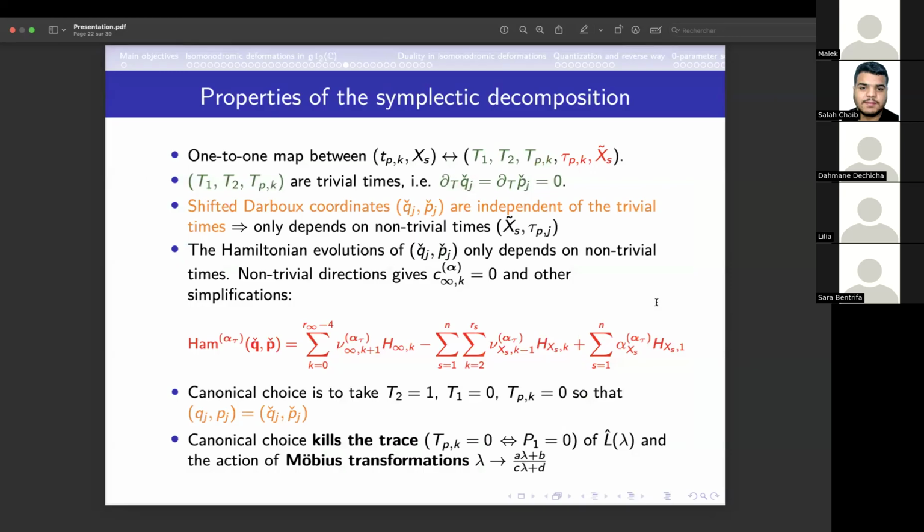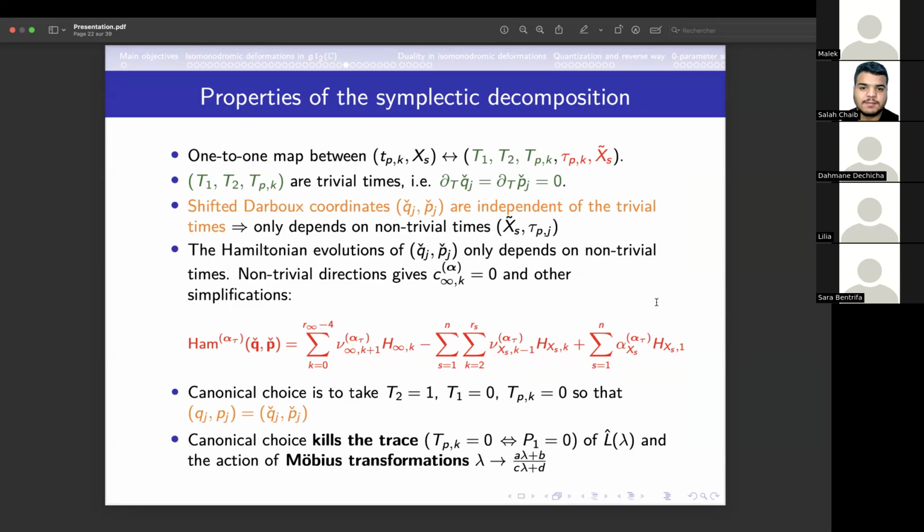So literally what I've been saying is that there exists a one-to-one map taking us to the new set of times. These big T's are called trivial times, which means that the evolution of Darboux coordinates is actually zero following these times.